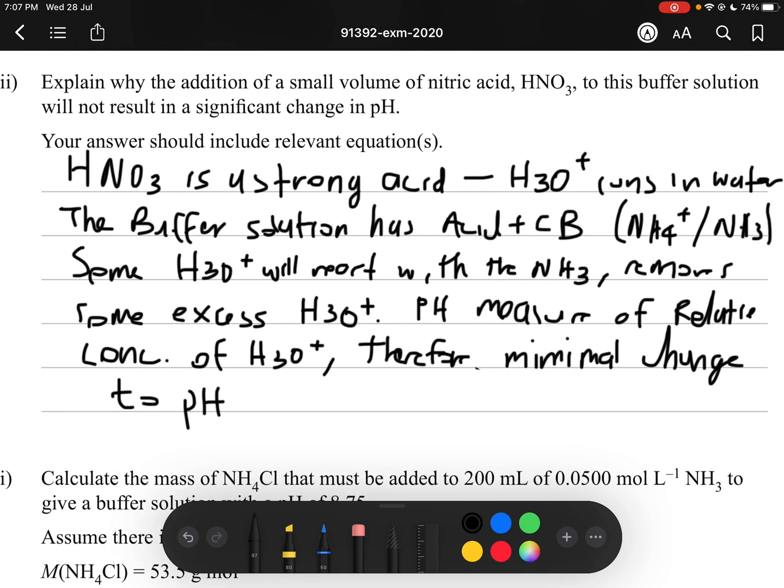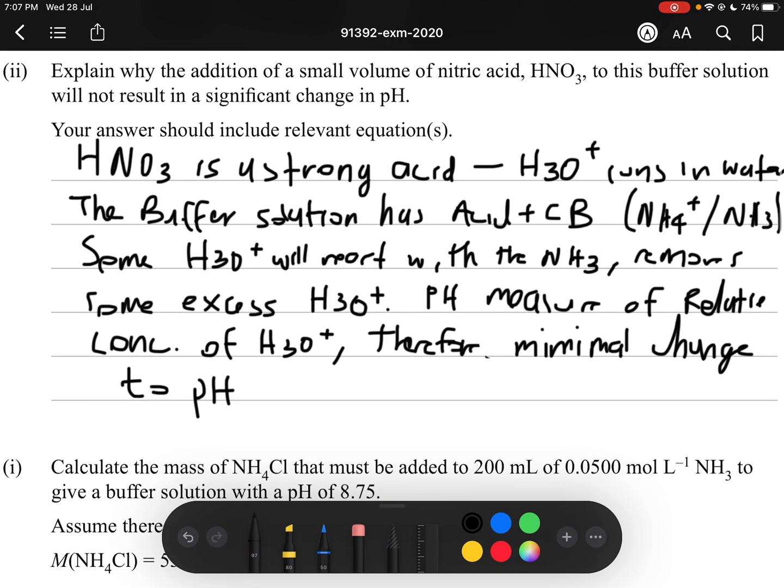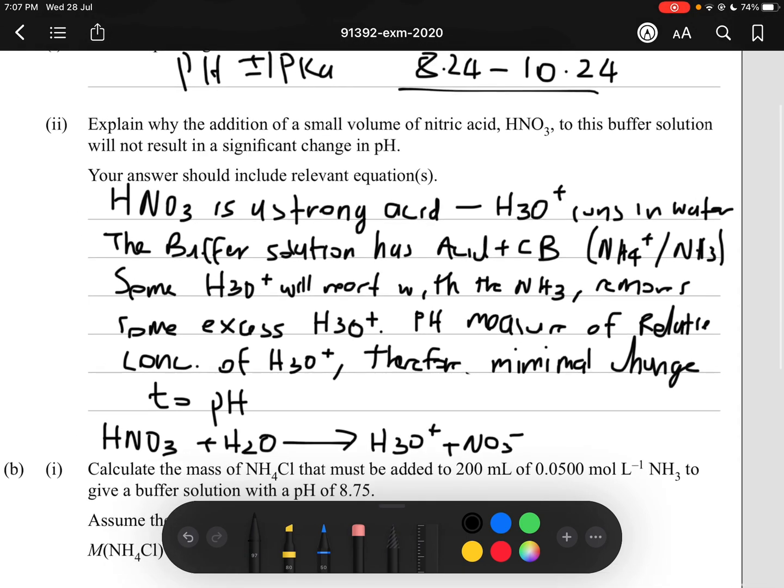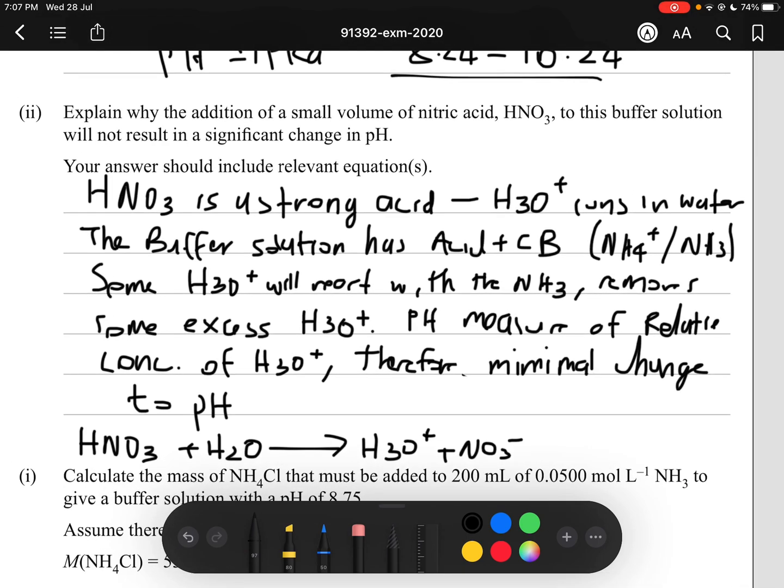And in terms of our equations, one of our equations can just be the dissociation of nitric acid, so HNO3. If we add that to water, since HNO3 is a strong acid, it's going to give us hydronium and NO3 minus ions. And our second equation should involve the neutralization of NH3 and hydronium.